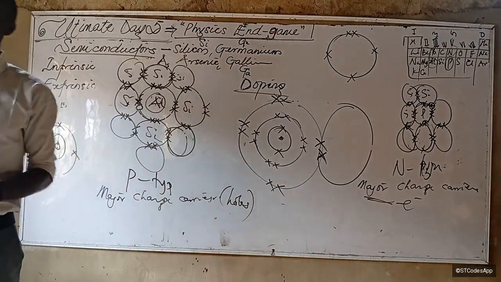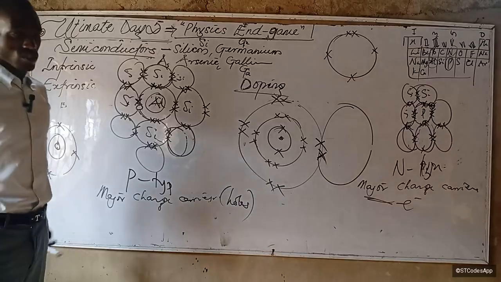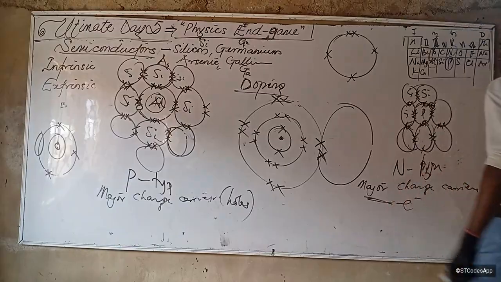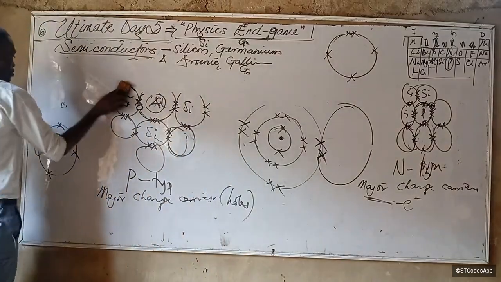So now, the moment we bring this together, we form what is called a diode. We form what? A diode. So doping is adding impurity to what? To a semiconductor.